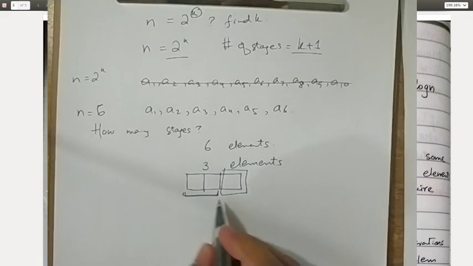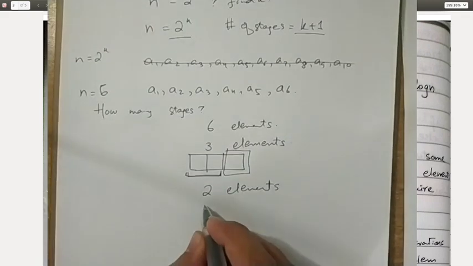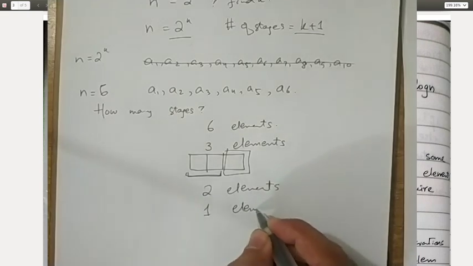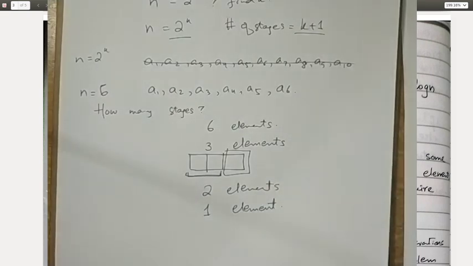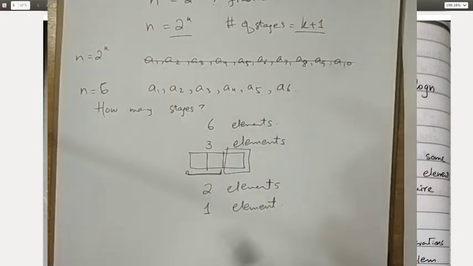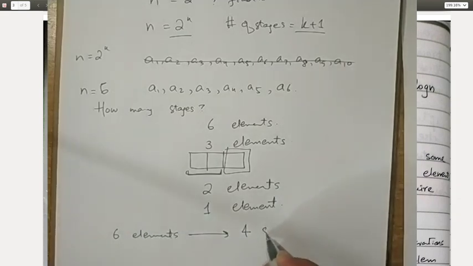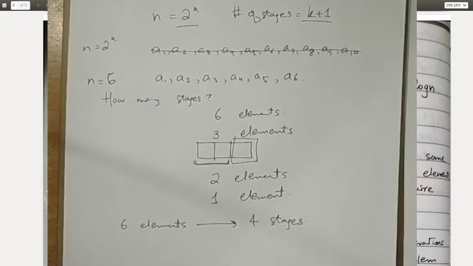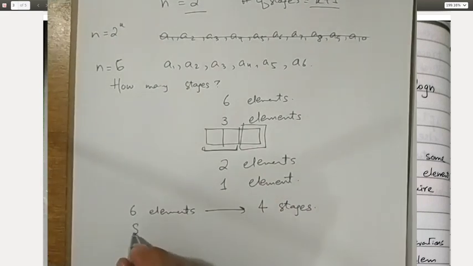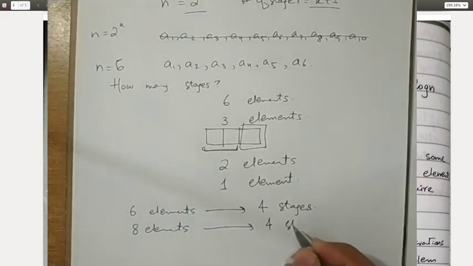So 6, 3, in the next stage we get 2 elements, and then finally we get 1 element. So with 6 elements, I still get a maximum of 4 stages. Okay, and remember that even for 8 elements we got 4 stages.